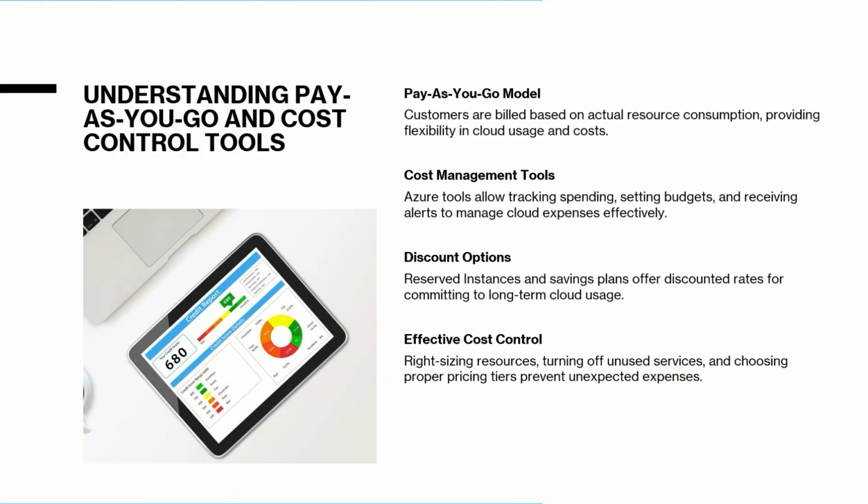Now, we briefly touched on the pricing and the cost of Azure as a cloud provider. And as I mentioned earlier, there are basically two large categories when it comes to pricing. The first is the pay-as-you-go model, where you pay only for the active time or the active use of the cloud infrastructure.